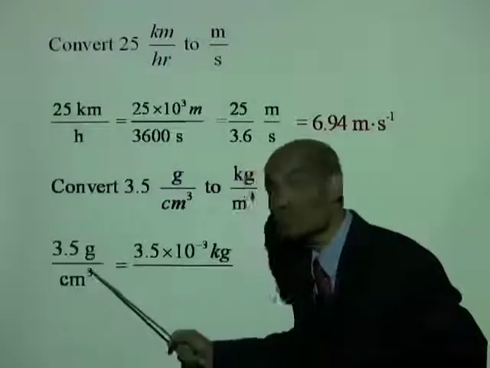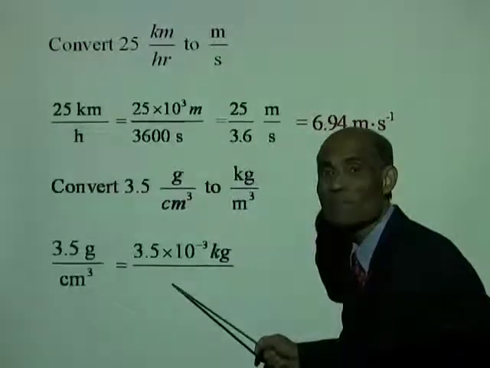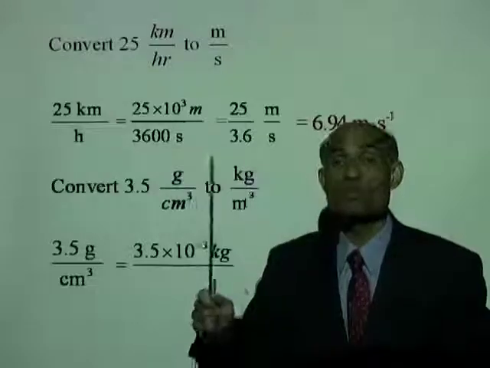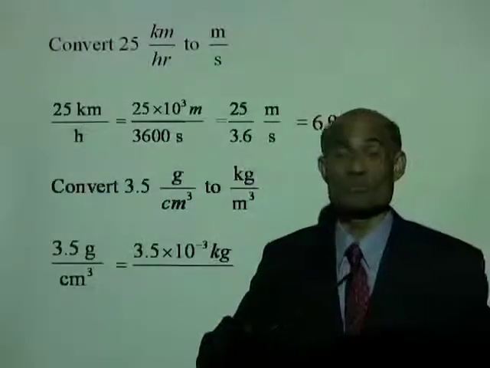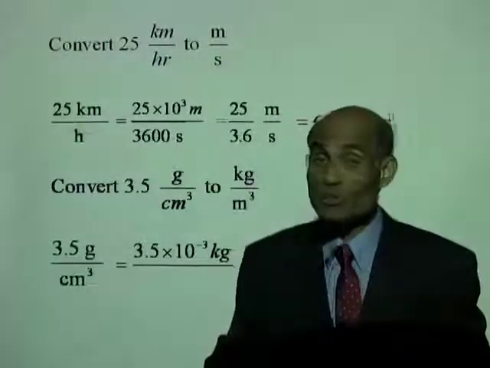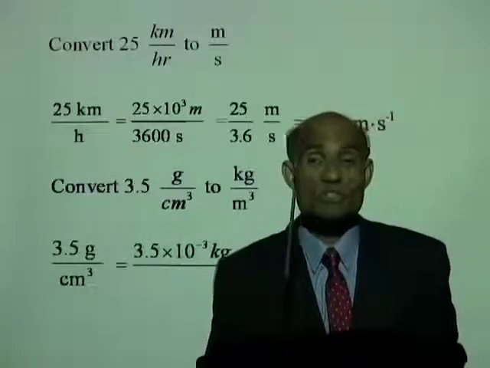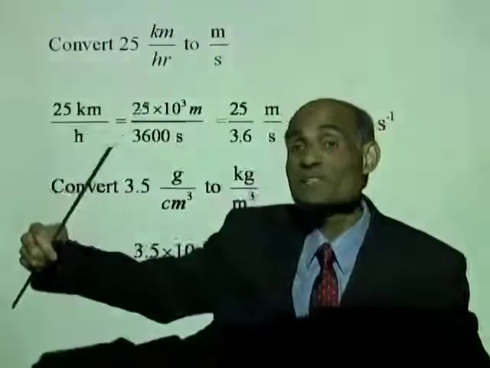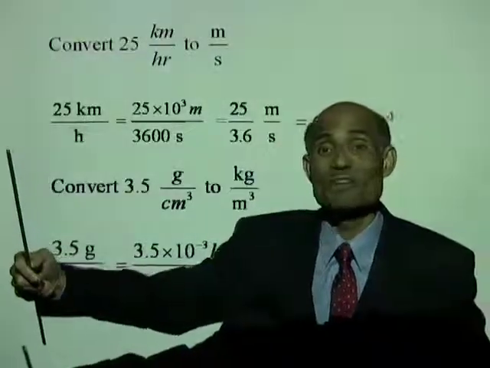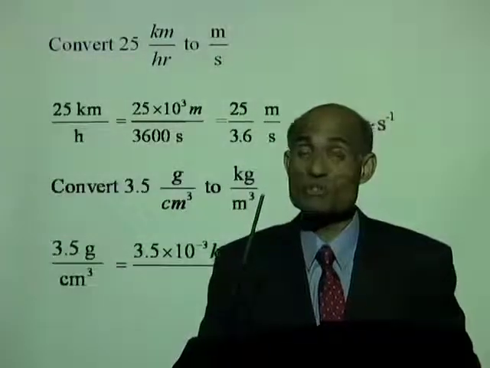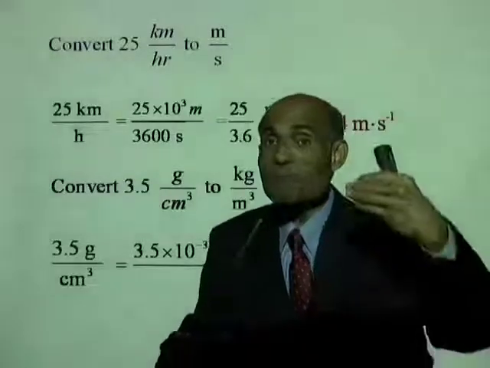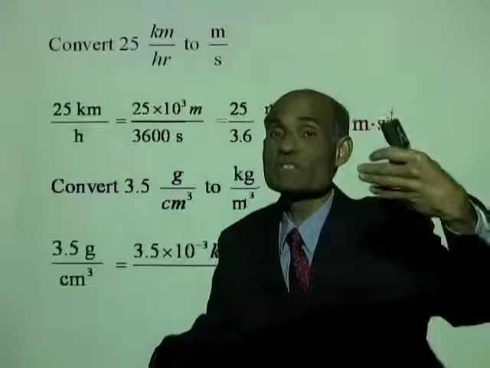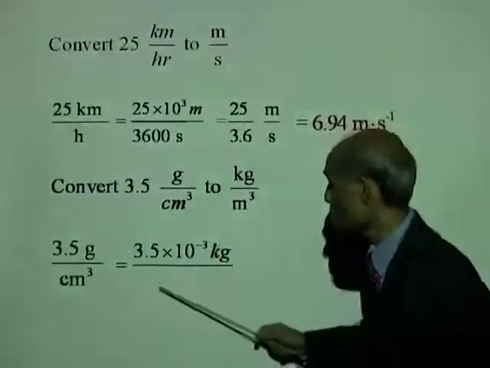And centimeter cube has to become meter cube. What part of a meter cube is a centimeter cube? Well, we talked about it. 1 meter cube contains 10 to the power 6 centimeter cube. So 1 centimeter cube will be a millionth of a meter cube, 10 to the power of negative 6 of a meter cube.